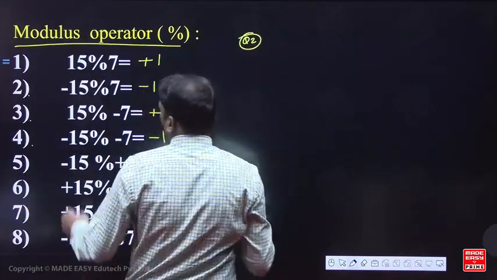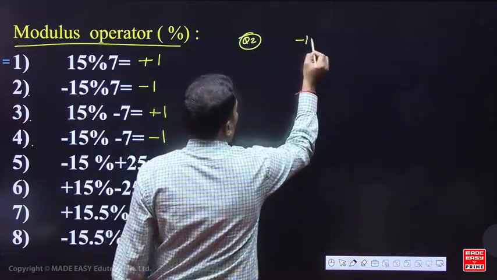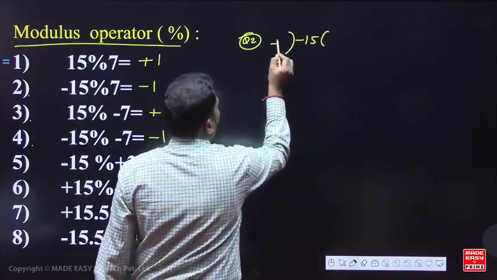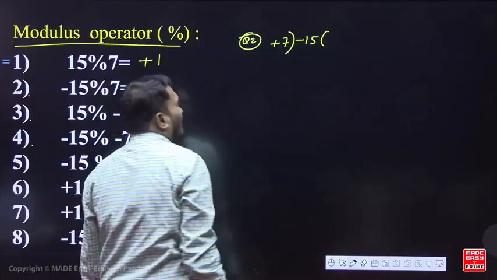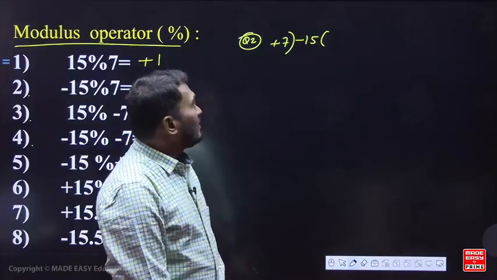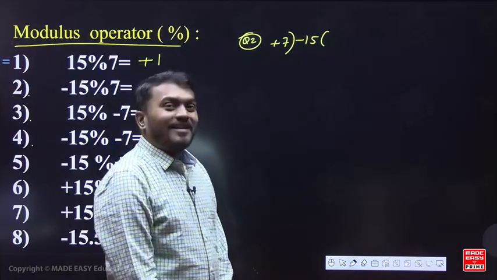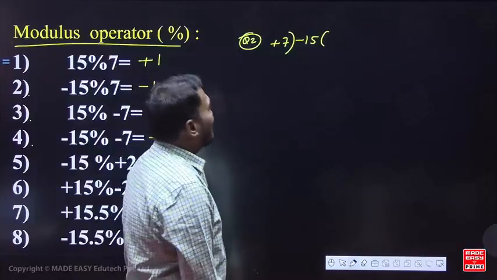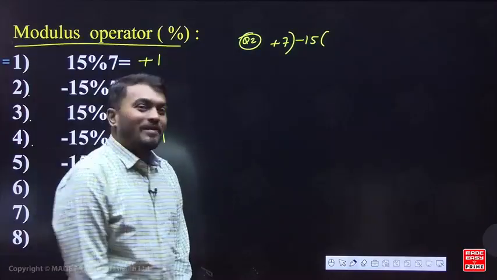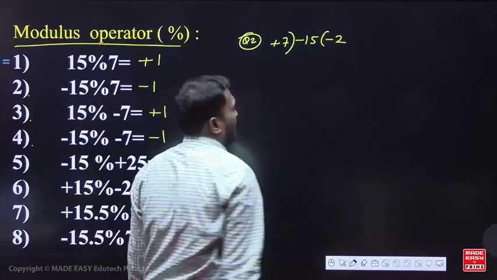Now tell me the second question. Question number 2, minus 15 mod plus 7. How minus 1? Just listen here. Minus 15 mod plus 7. Now tell me, how many times will plus 7 go into minus 15? That is minus 2 times.